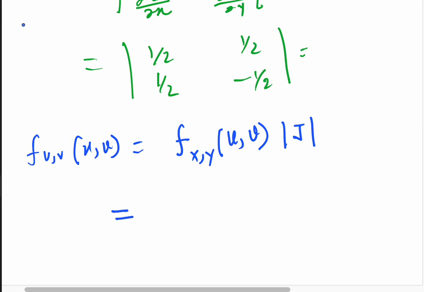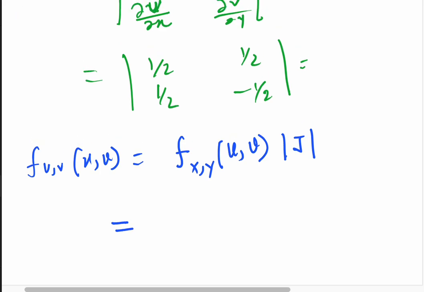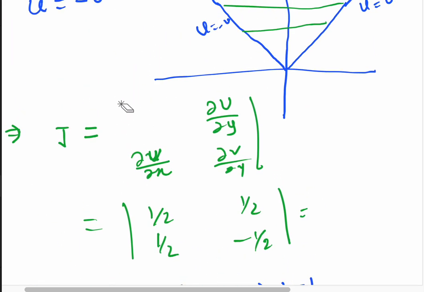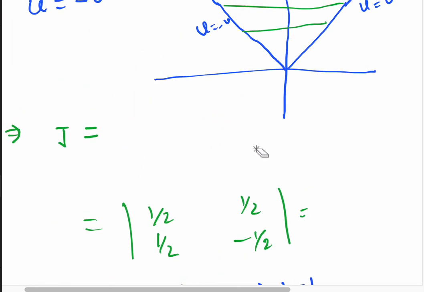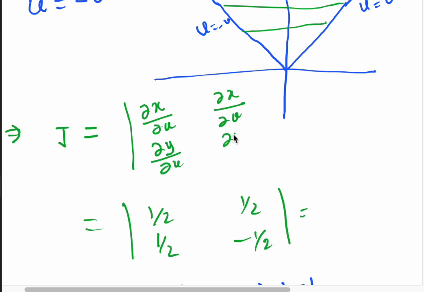I think I did something wrong here. So the Jacobian will be del x del u, del x del v, del y del u, del y del v.